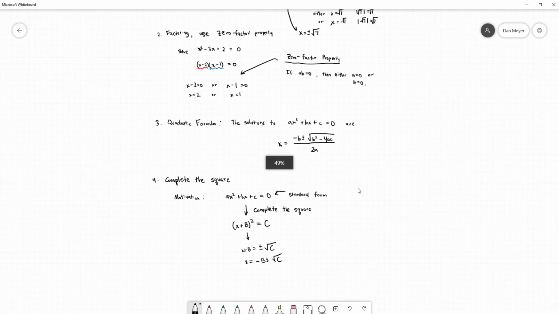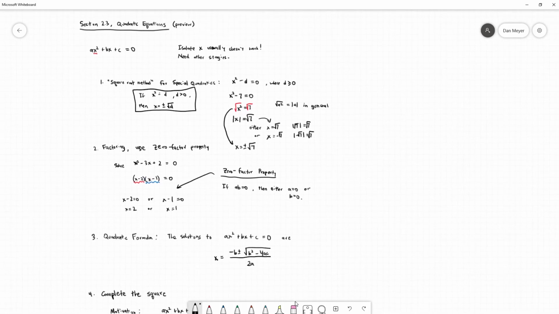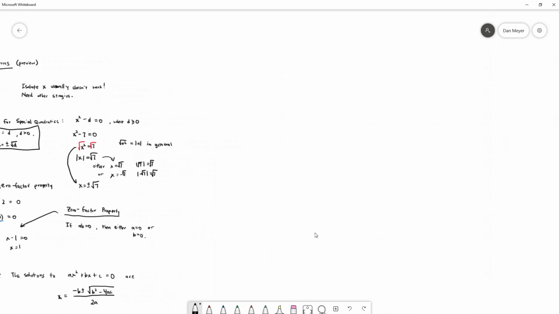That was a preview for section 2.3 on quadratic equations. The other section we're going to talk more about next week, and that you're going to watch some videos about, is section 2.4, which is on complex numbers.